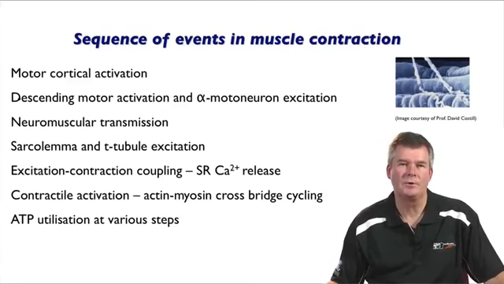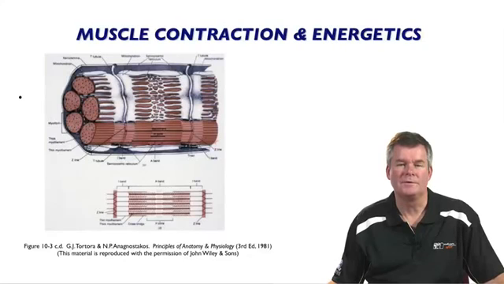It starts in the motor cortex with activation of the motor center. Our first module will focus on skeletal muscle, how it contracts, and the fuels that it utilizes during exercise. We're not going to have an extensive coverage of how skeletal muscle functions. If you're uncertain about the basics of skeletal muscle physiology, I suggest you go back and review that.